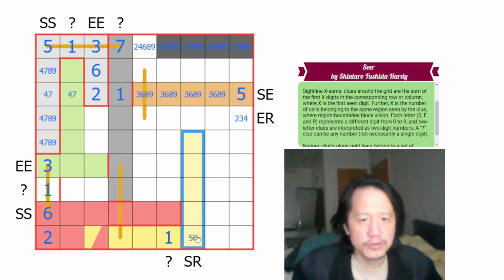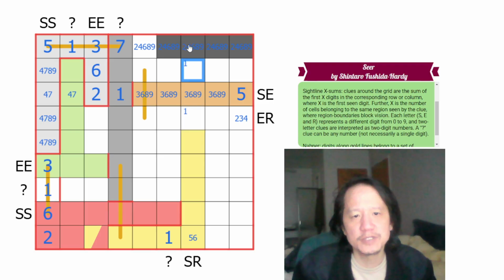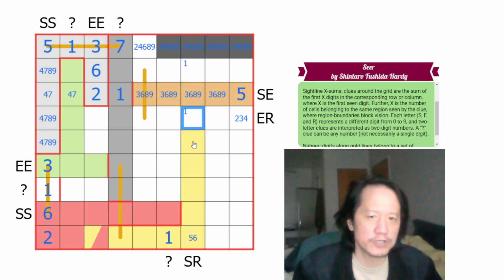We know there's no 1 in any of these cells. So the 1 in column 7 has to be one of these two cells. We're not sure which.